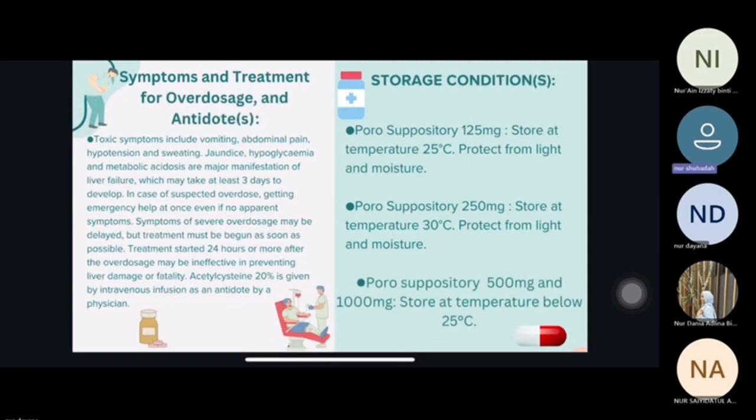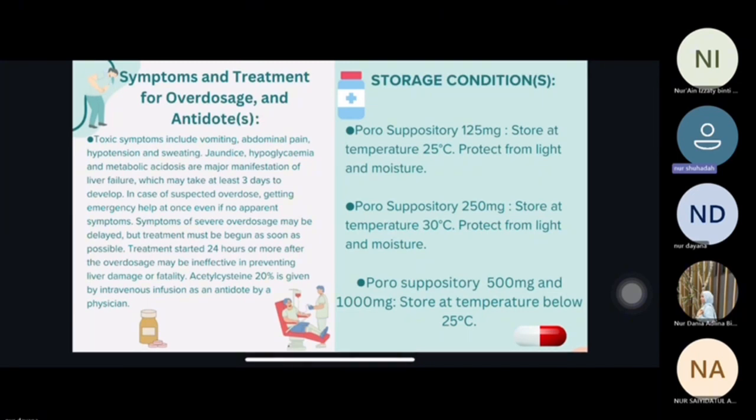The symptoms and treatment for overdosage: toxic symptoms include vomiting, abdominal pain, hypotension and sweating. Jaundice, hypoglycemia and metabolic acidosis are major manifestations of liver failure, which may take at least 3 days to develop.